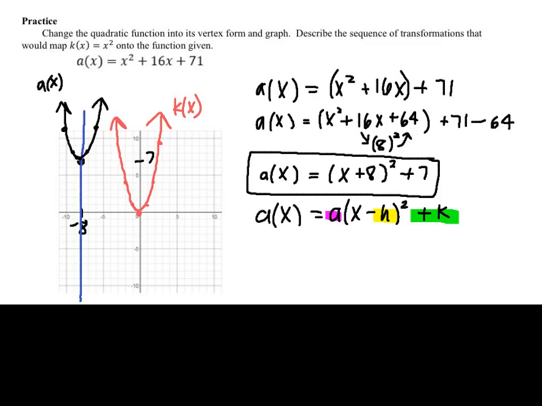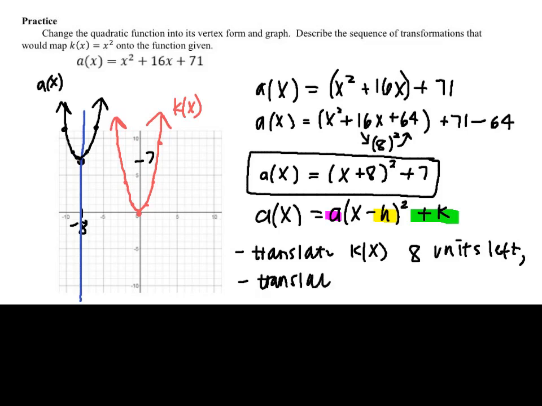So from here, it looks like to map the red parabola k of x onto a of x, we would have to translate k of x 8 units left, and then we would have to translate k of x 7 units up to map onto a of x.